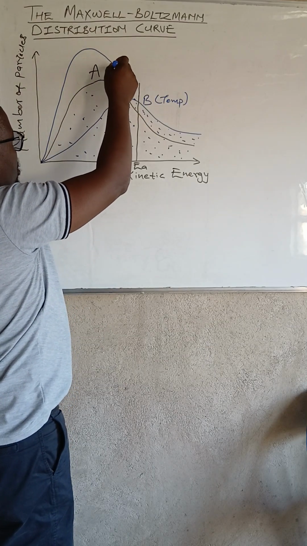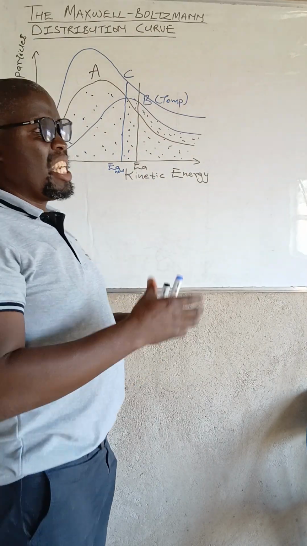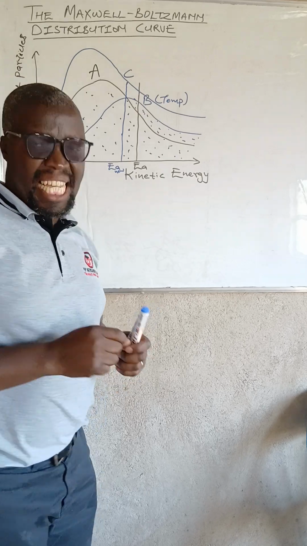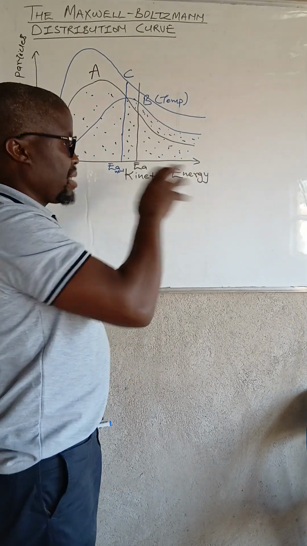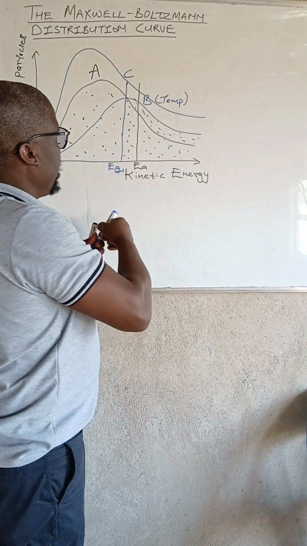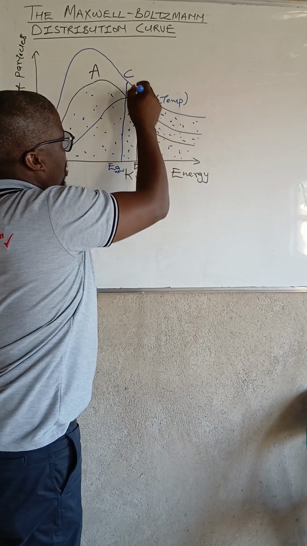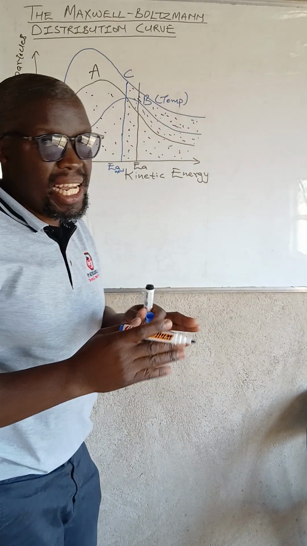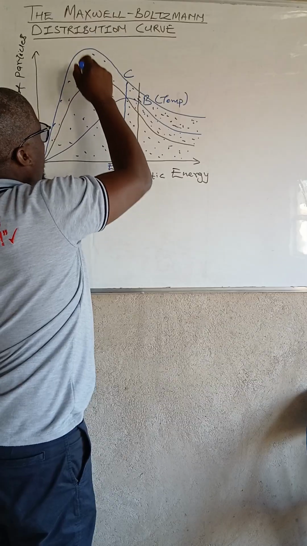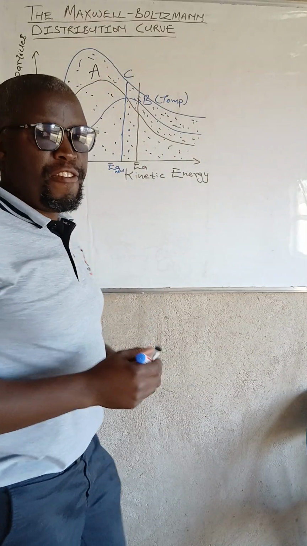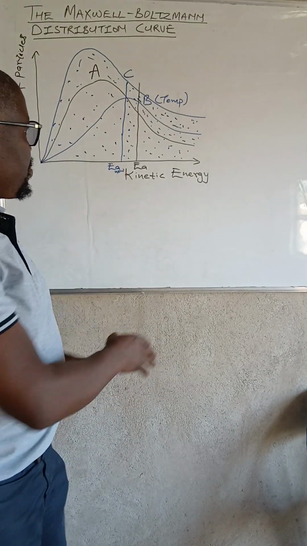Obviously, the number of particles will increase. As the number of particles increases, you're going to find that some of the particles possess enough kinetic energy to lead to effective collisions, whereas other particles will not have enough kinetic energy to lead to effective collisions. This is basically what happens.